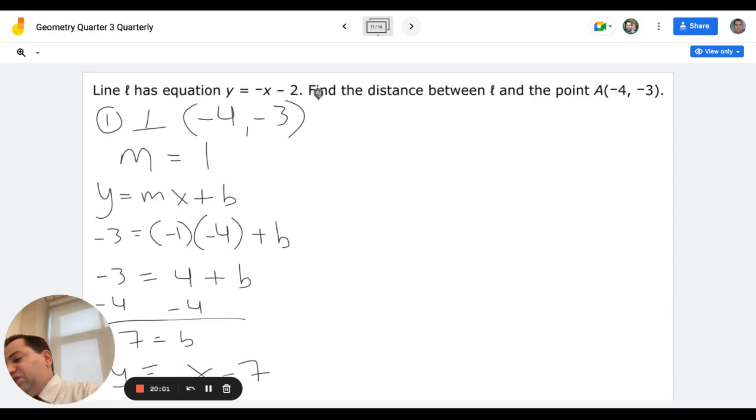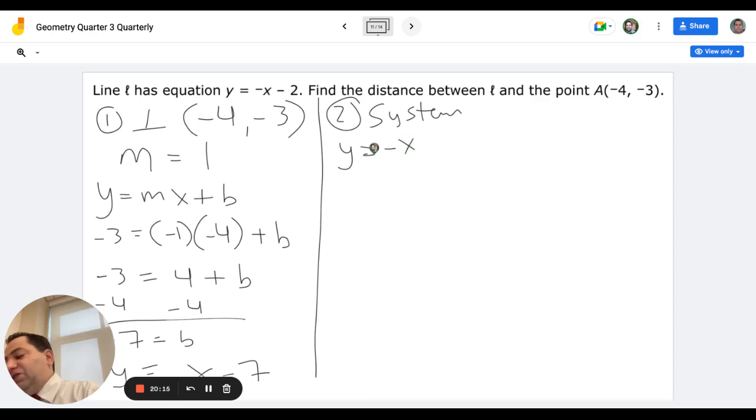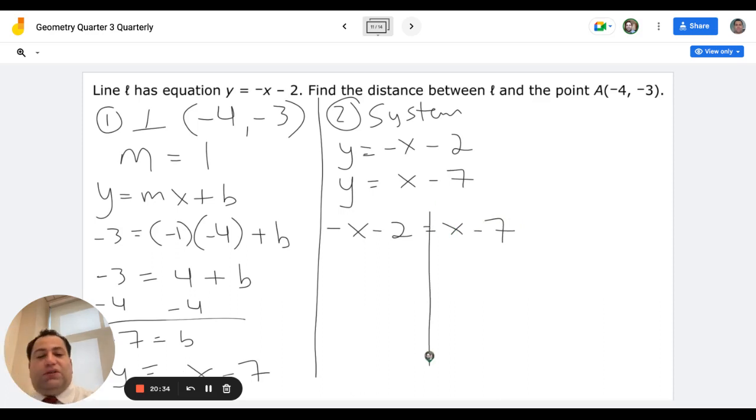So step 2 is to solve the system. Okay, so equation number 1 is y equals negative x minus 2. Equation number 2 is y equals x minus 7. Okay, and because y equals y, we can set these equal to one another. So we have negative x minus 2 equals x minus 7. All right, numbers on one side, letters on the other.